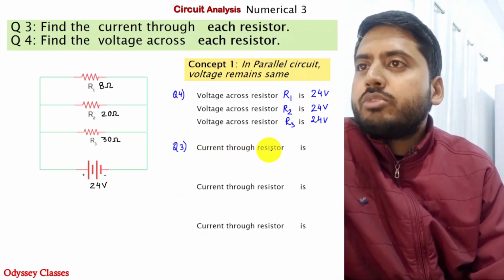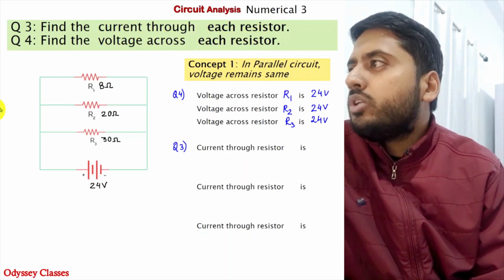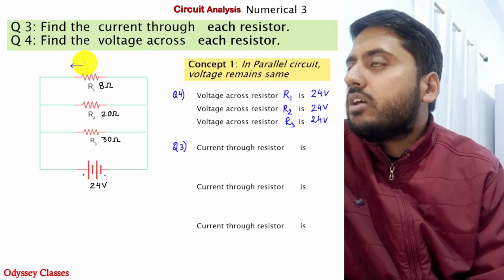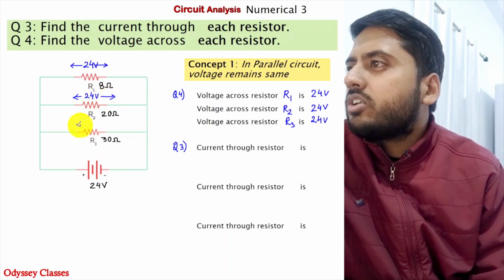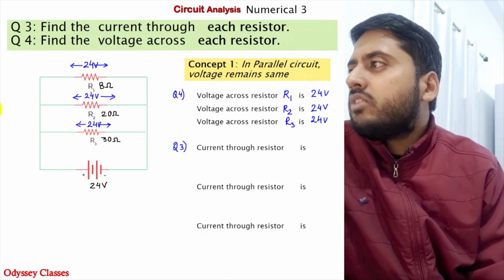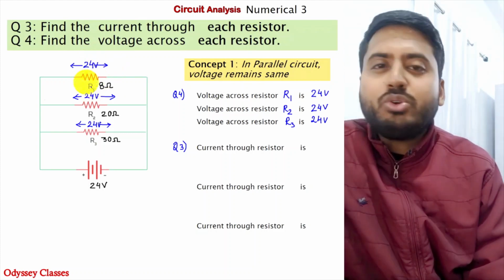So for question number 3, we have to find current through each resistor. So one thing I will do is write the values of the voltage that we have got right now. Voltage across R1 is 24 volt. Voltage across R2 we have got 24 volt, it's the same, and voltage across R3 is also 24 volts. So for each resistor, you see the values of the voltage difference and the resistance are already known to us.